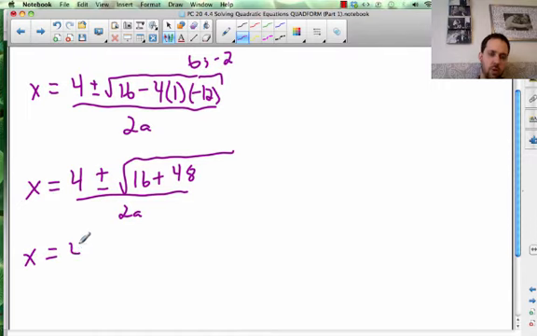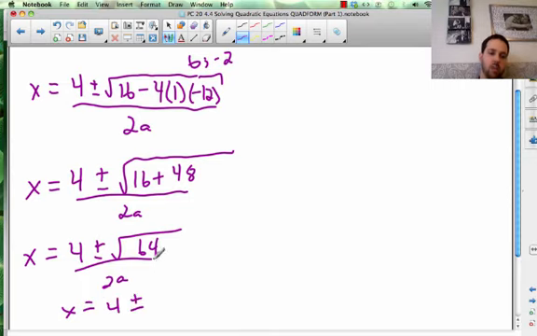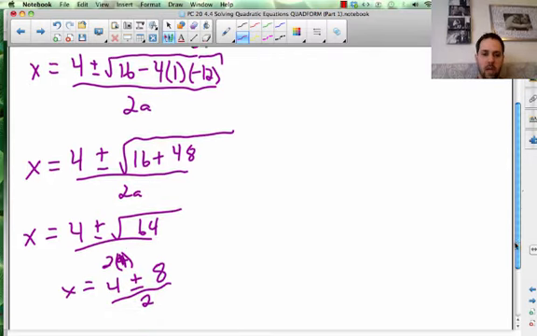So x equals 4 plus or minus square root. 16 plus 48 is 64, and this is all going to be over 2a. X equals 4 plus or minus, and the square root of 64 is 8, all over 2a, and I'm sorry, a is just 1, so this is all over 2, and we don't need to keep putting the a down.